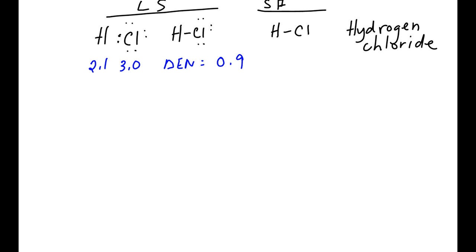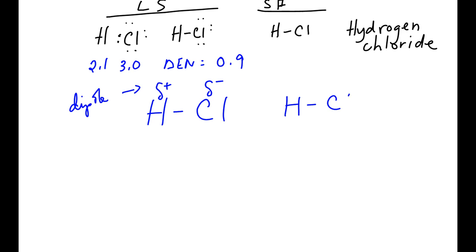So there's 2 ways to show dipoles. So if this was your structural diagram, your structural formula, you can use this little Greek letter with a plus and a negative. Those are dipoles. Hydrogen's a little bit positive, chlorine is a little bit negative. What I like and what you can also do is you make it like a vector.